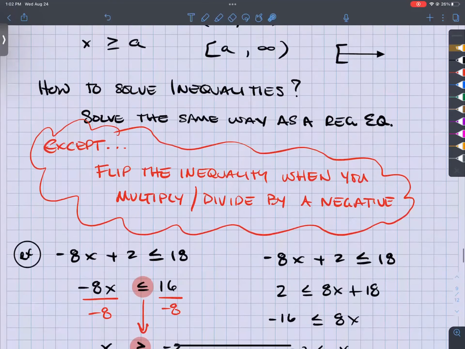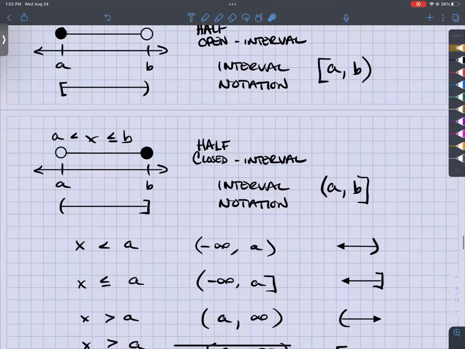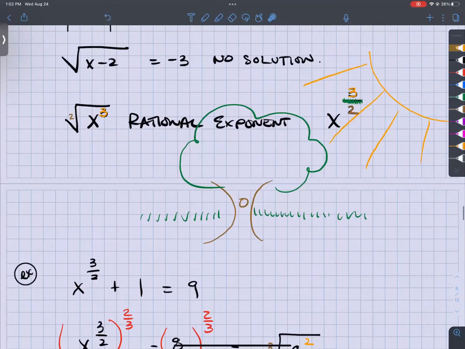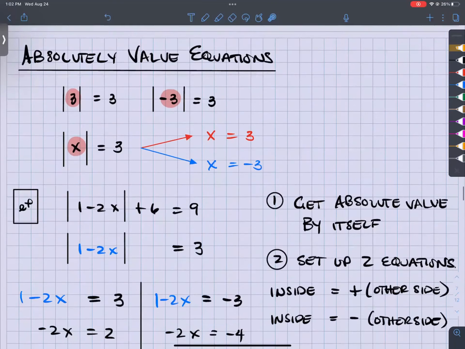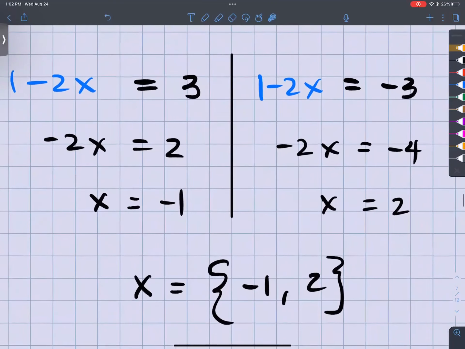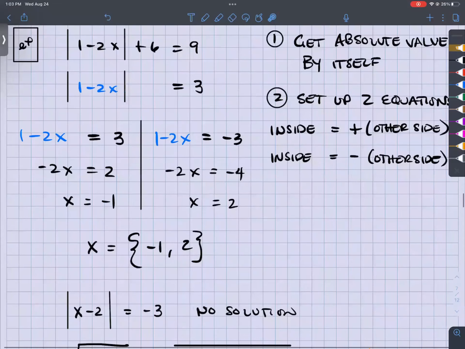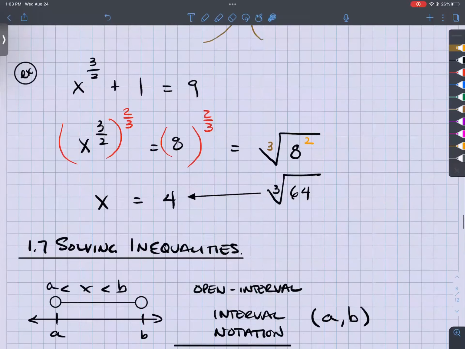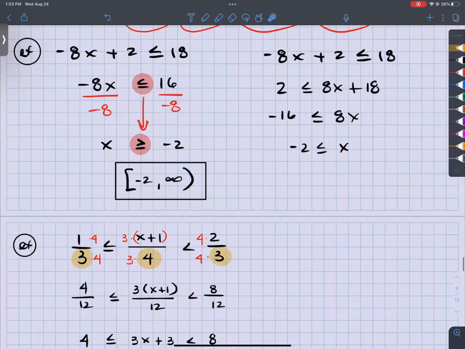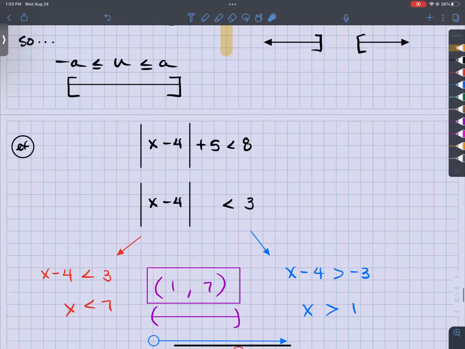Where is it? Right? Where I took the inside. Wait for it. There it is. Right? I took the inside, set it equal to the positive, and set the inside equal to the negative. Okay? So because the inside could be +3 or -3 in this case, so I do the same thing here. The inside equal to the positive and the inside equal to the negative.